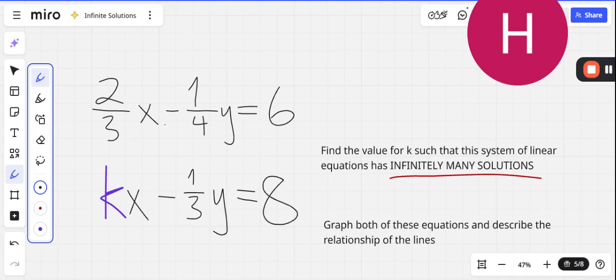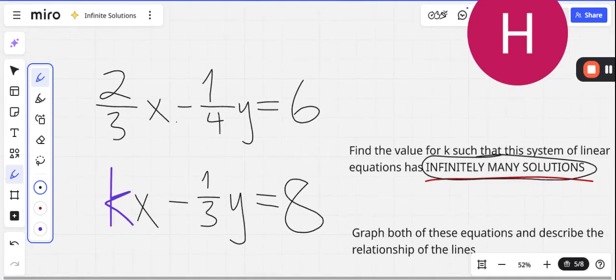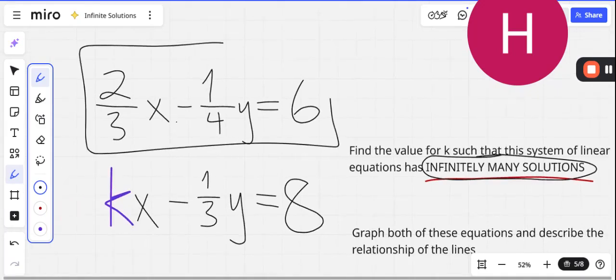Now, because this problem says that the system will have infinitely many solutions, what that means is that these two equations are the same equation multiplied by some constant value. But they can be reduced or simplified to the exact same equation.